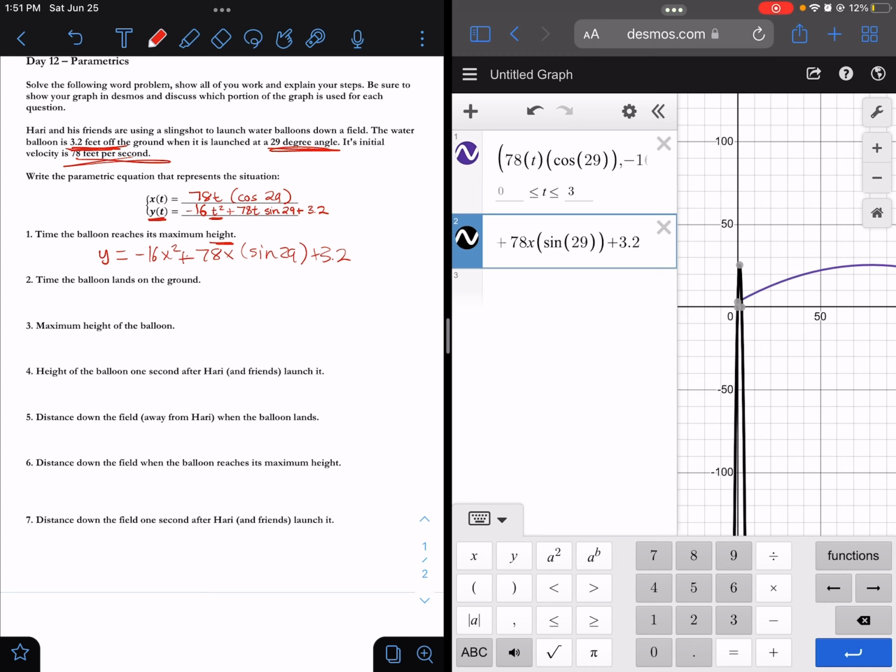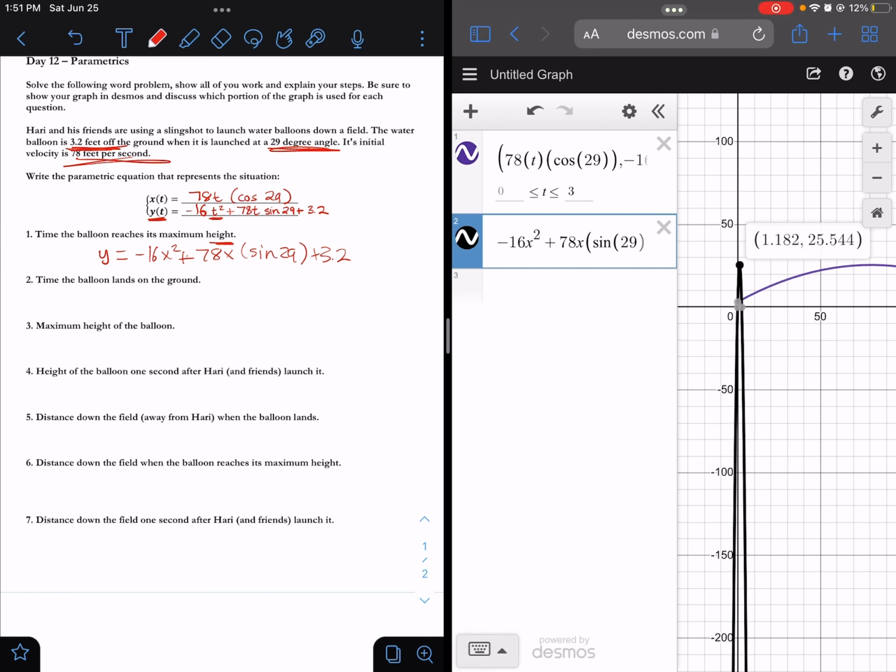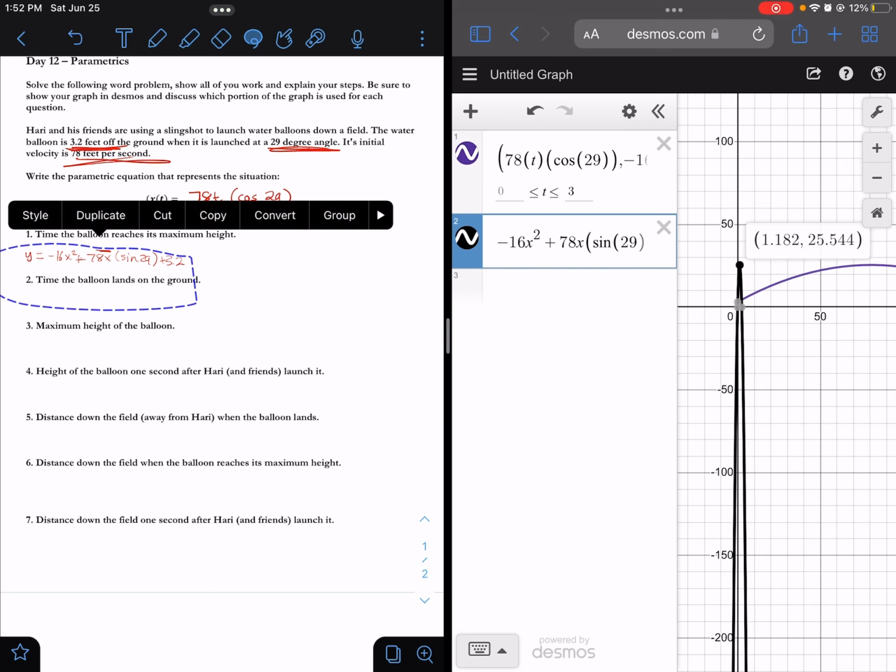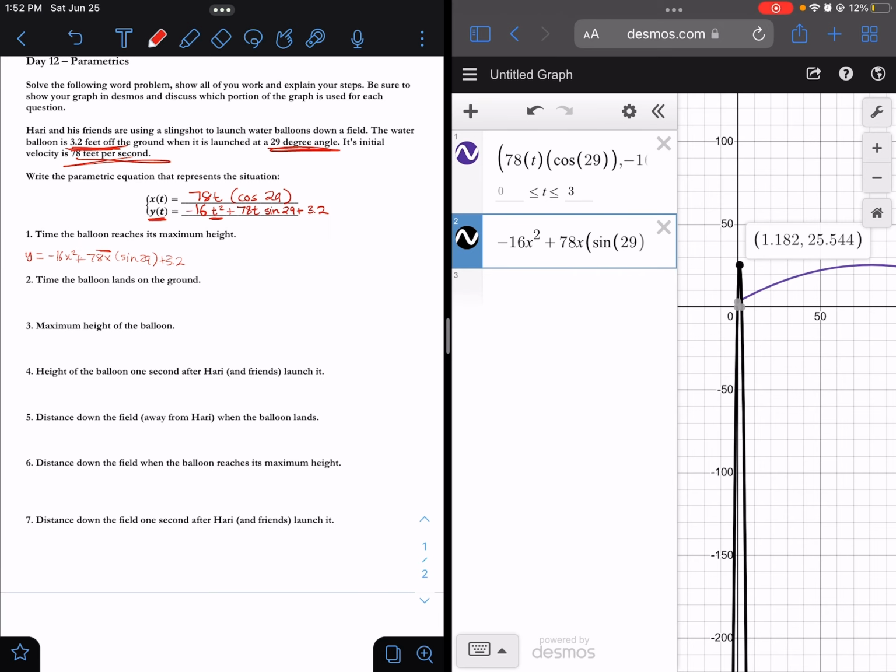Now when we click on this point right here, the height, or the y value, is our maximum height, which is 25.544, which makes sense because it's between 0 and 50. And the time it takes for the balloon to reach its maximum height is going to be 1.182 seconds.